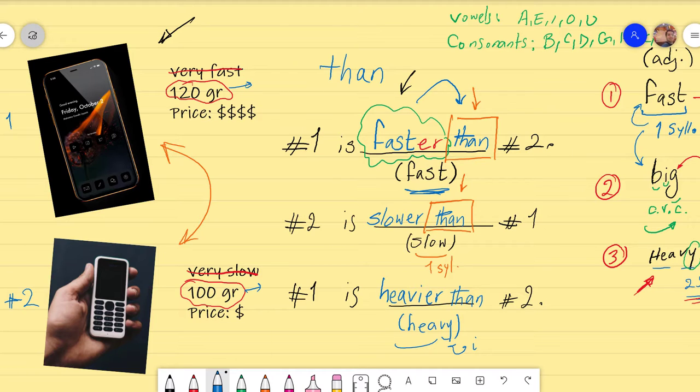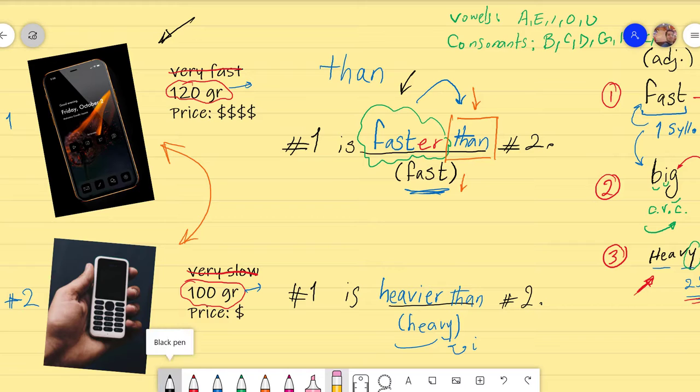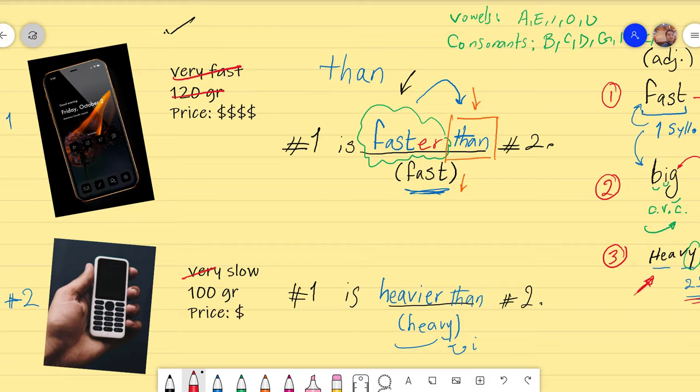Good. Now, let's clean this one and write it about the last point. Okay, so we talked about this, this, and this. Now we want to talk about the price. One of them is expensive, one of them is cheap.